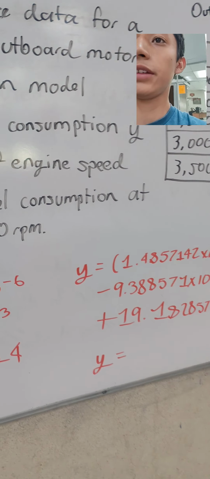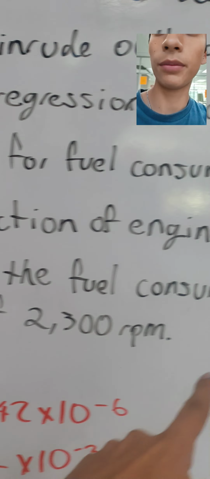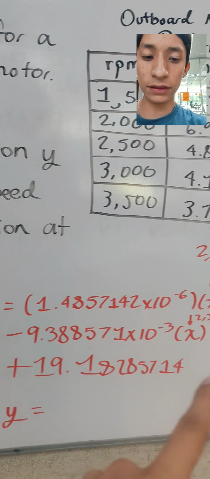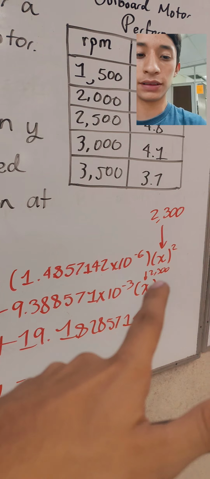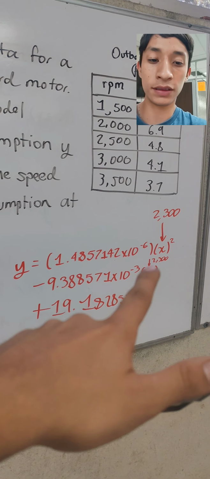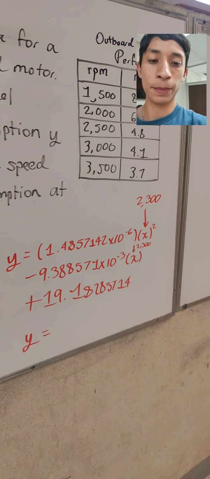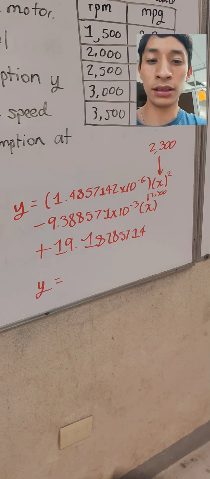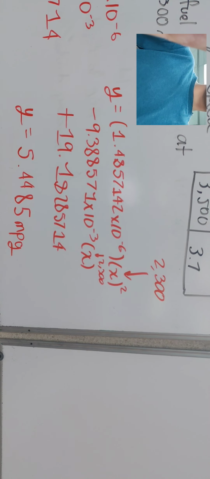So the only thing that we need to do to estimate the fuel consumption at an engine speed of 2,300 RPMs is to solve that equation, replacing x by 2,300. So let me make that operation and I'll come back.